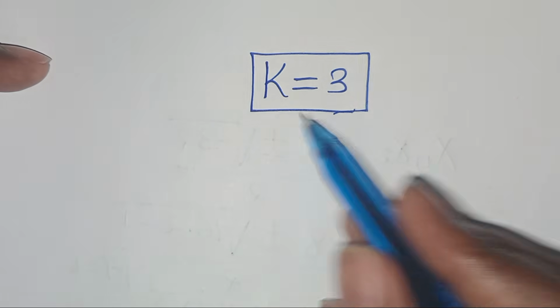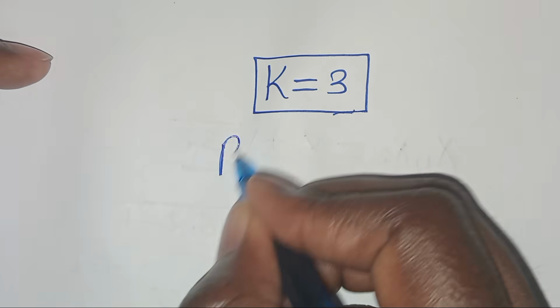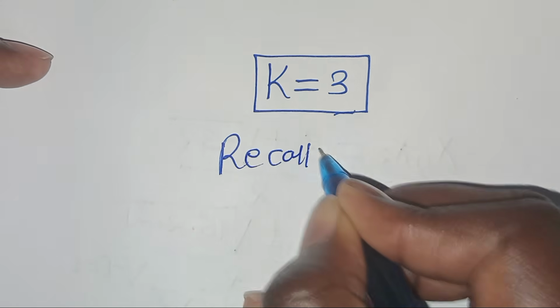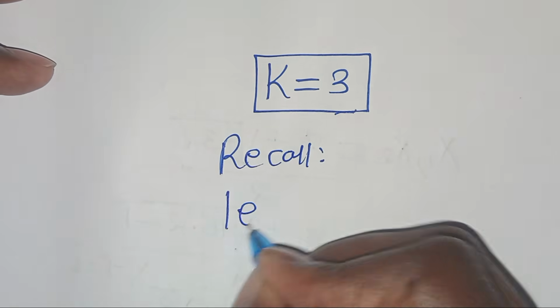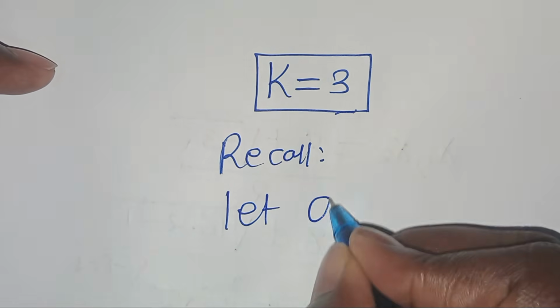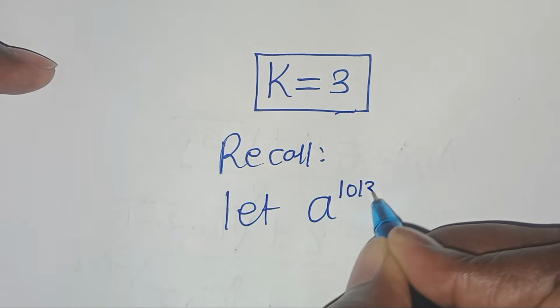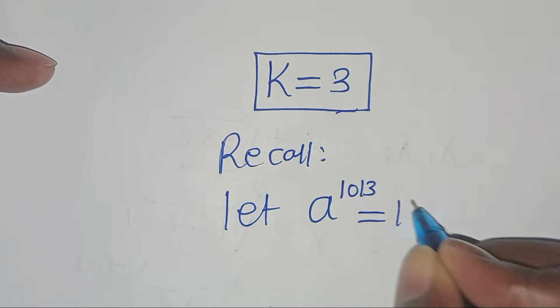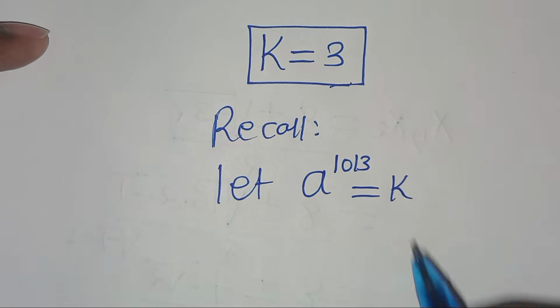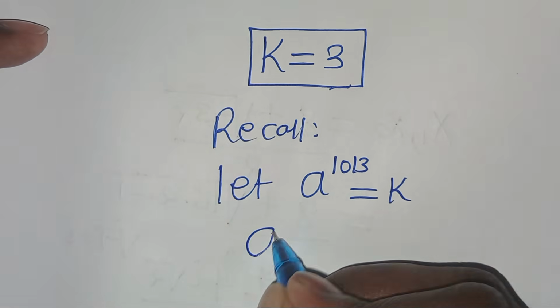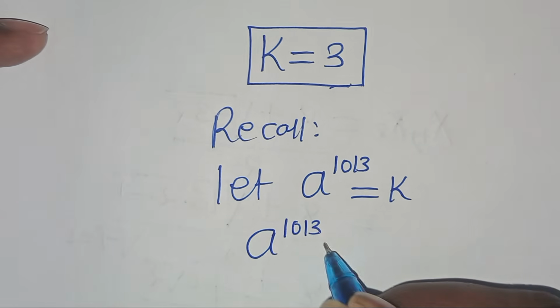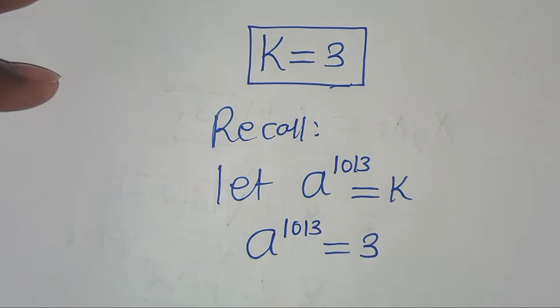Now since k is equal to 3, and if you recall, we let A to the power of 10, 13 be equal to k. So let's substitute k with 3. So we have A to the power of 10, 13 is equal to 3.